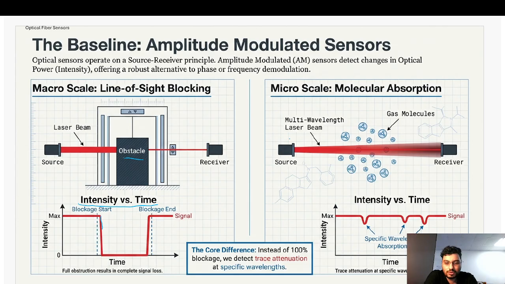The source, like a monochromatic laser source, will be aligned in such a way that the light propagates and is received by the detector, and during that the dioxide molecules can interact with the light and absorb it. Suppose you are using IR, infrared light, it will absorb some amount of radiation wavelength, and that's why we will get the absorption dip there.